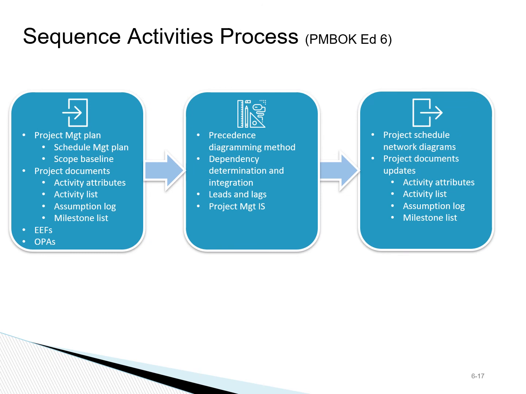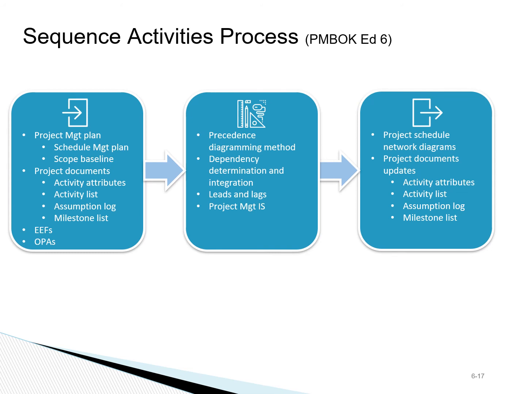Another process that we use for managing project schedule is the sequence activities process. This process uses the output of the define activity process that we just talked about and produces the project schedule and the network diagram.